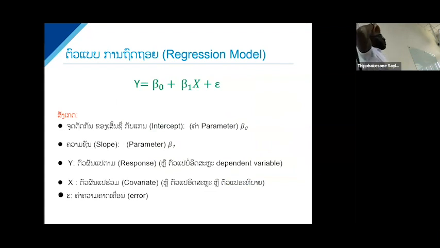And the idea was that we were trying to understand how Y changes as X changes. That's what we want to know. If we know how changes in X affect changes in Y, then what can we do?